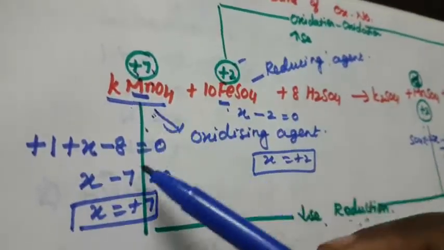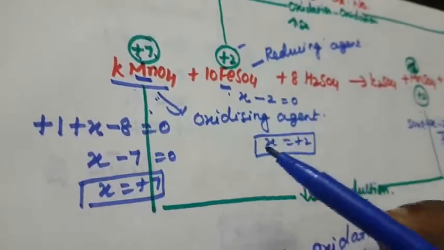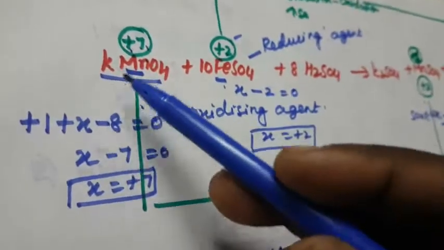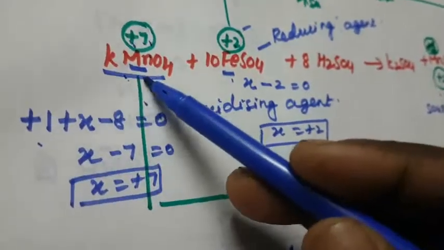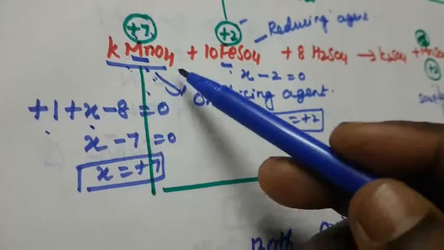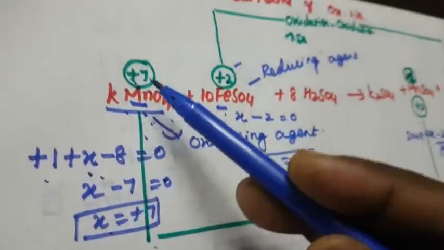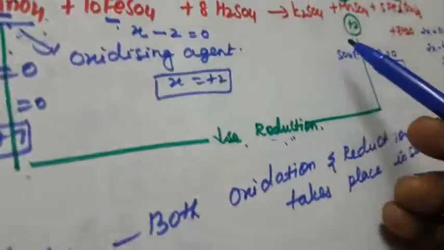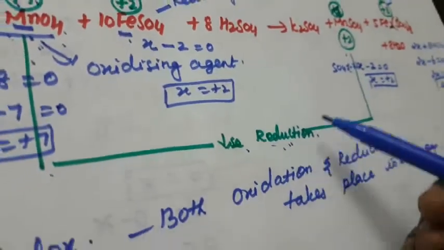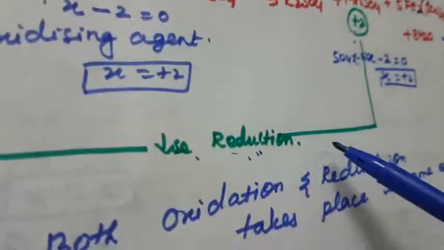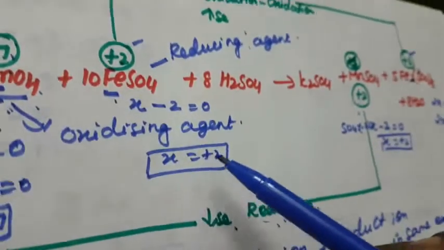This is the oxidation number calculation, the same for all of them. Potassium is +1, manganese we take as X, and oxygen is -2, so with -8, the sum equals 0 and X equals +7. The +7 is reduced to +2, so 5 electrons are gained. That is reduction, so it is a powerful oxidizing agent.